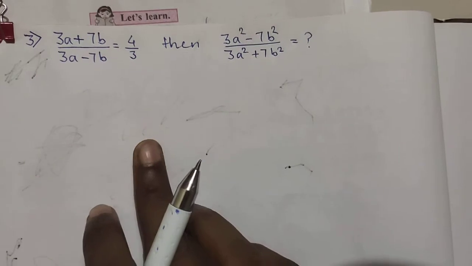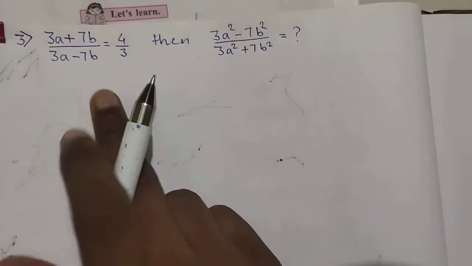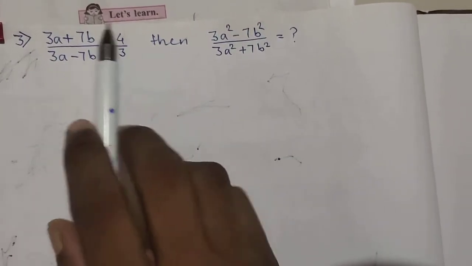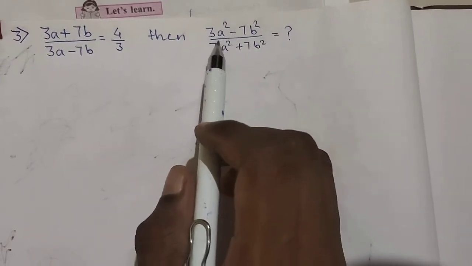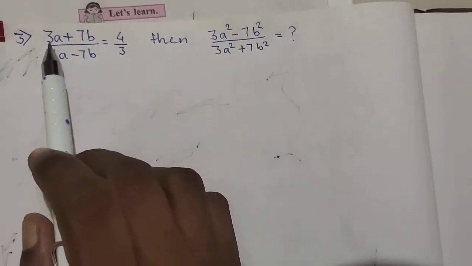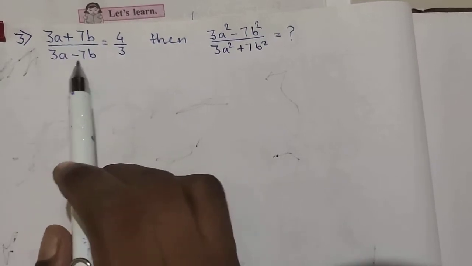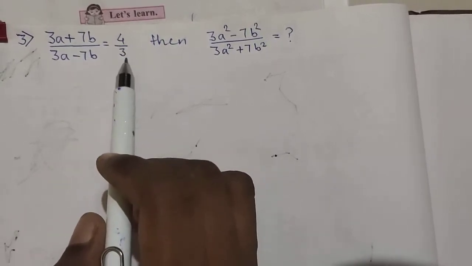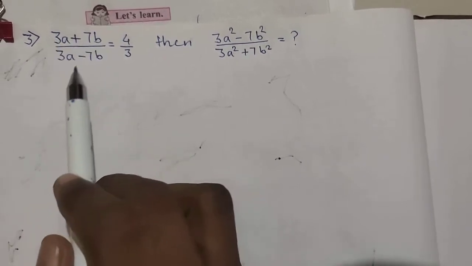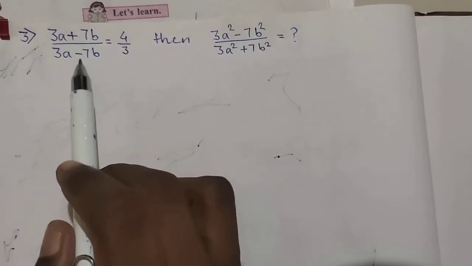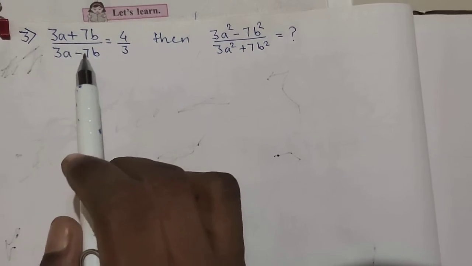You can see the third question which I have written here. This is given to us and we have to find out this ratio. What is given to us? 3a plus 7b upon 3a minus 7b is equal to 4 upon 3. So it is clear that numerator and denominator are both the same, only the sign differs.